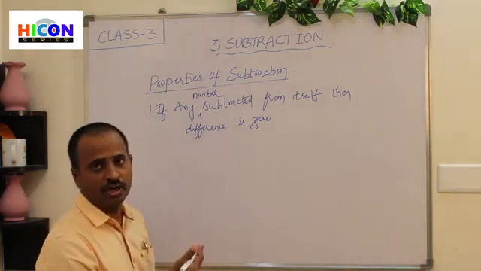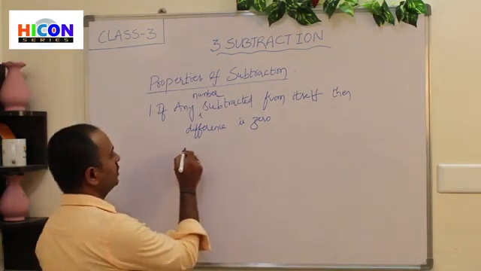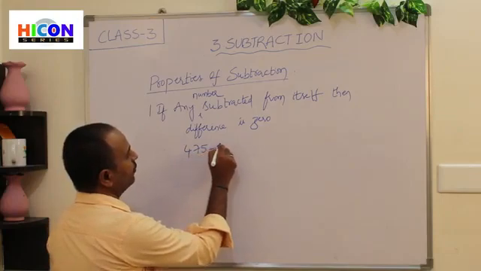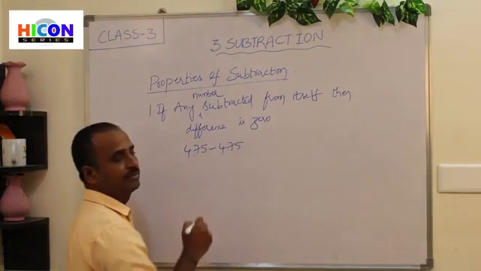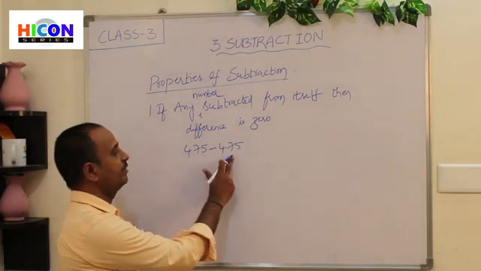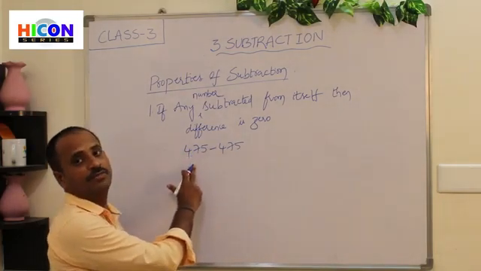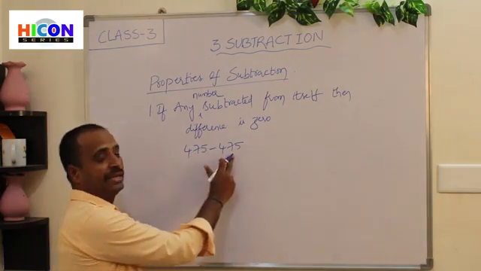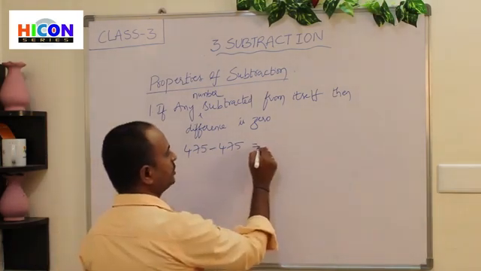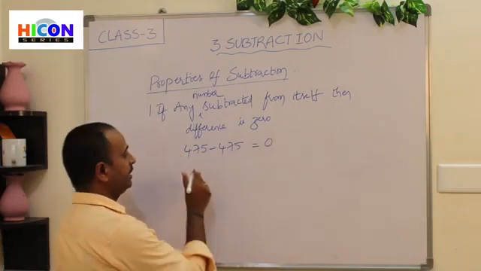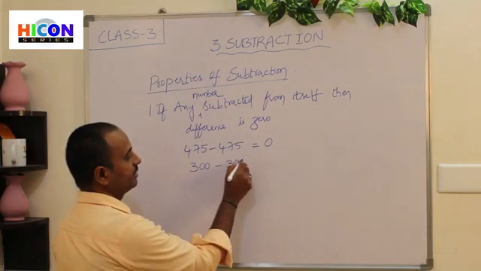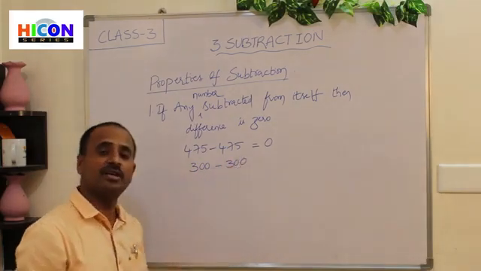So see some examples for this property. For example, 475 minus 475. Here we are subtracting 475 from 475. That is, a number is subtracting from the same number. Then the answer becomes 0. Again, 300 minus 300. The two numbers are same.